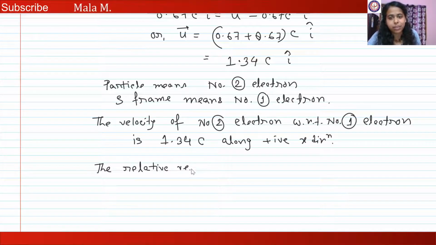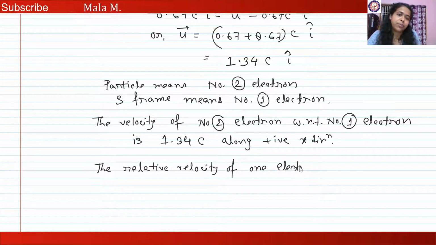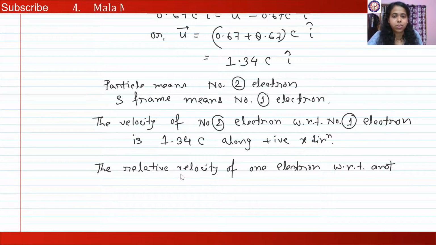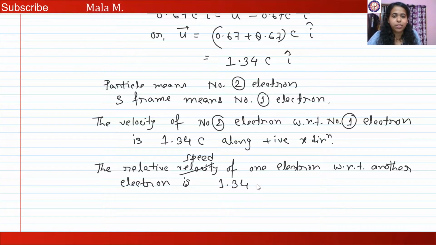So you can simply say the relative speed or velocity, anything you can say, of one electron with respect to another electron is 1.34 c.